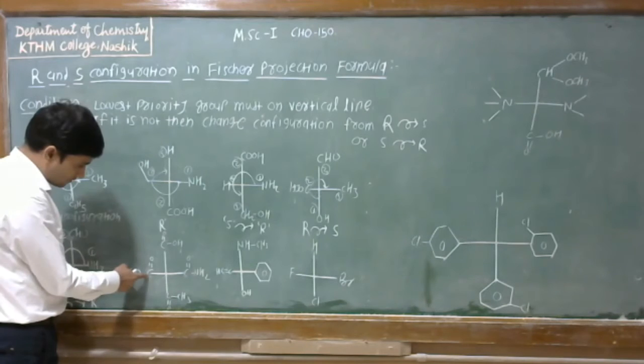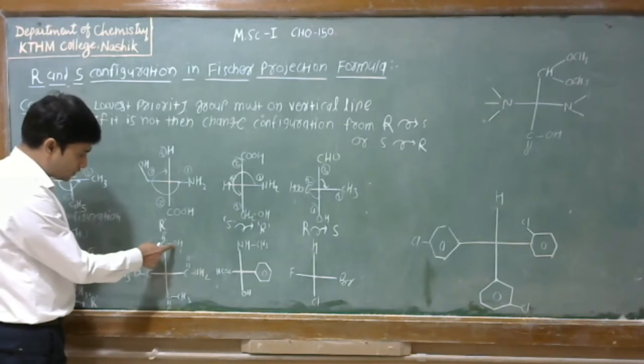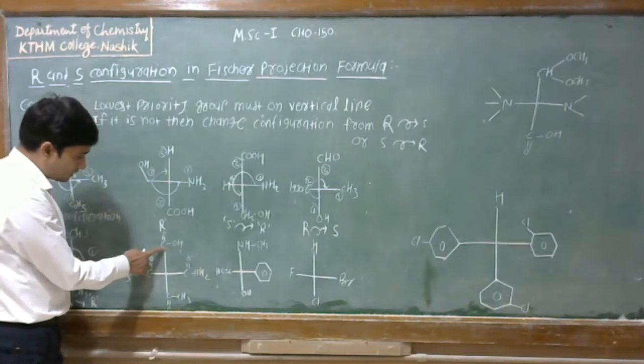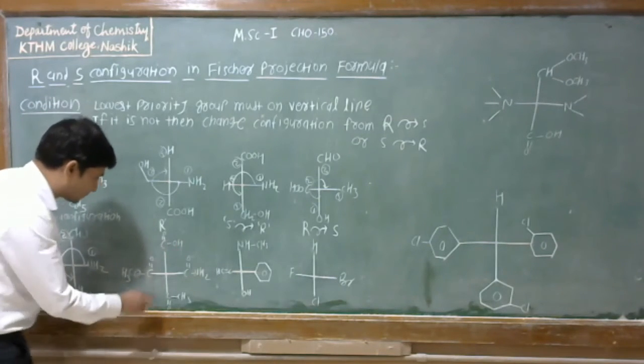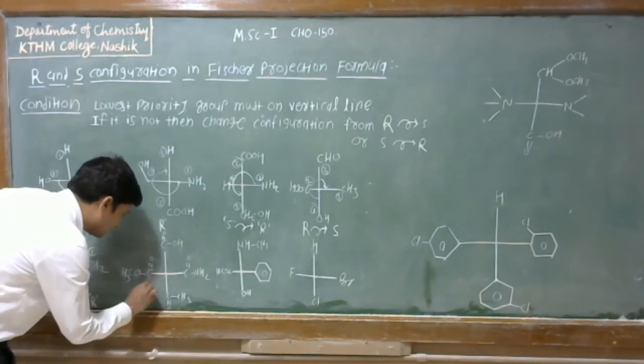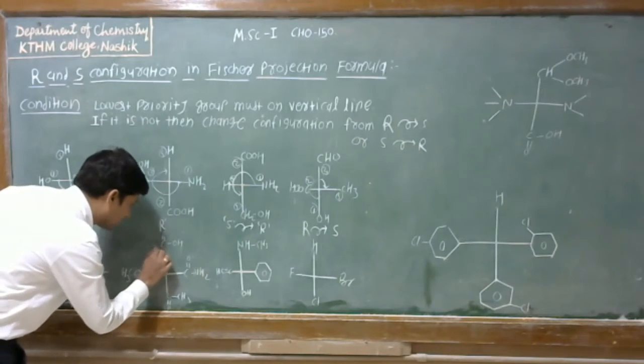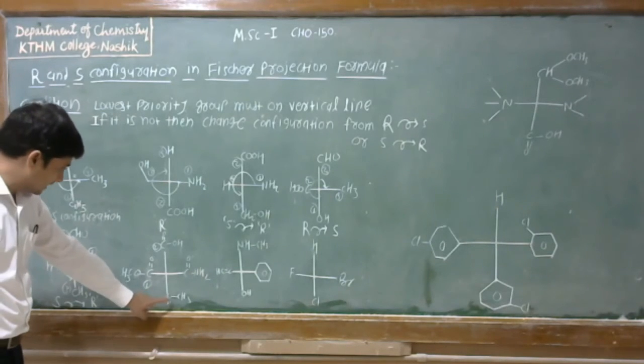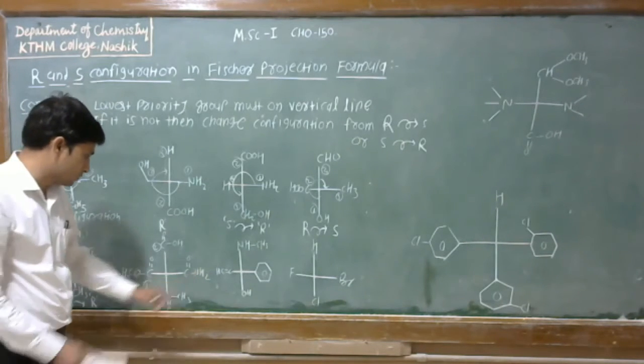See here, this carbon is attached to oxygen, and this carbon is attached to oxygen, but this oxygen is attached to CH3 and this oxygen is attached to hydrogen. Therefore, this group has first priority and this group has second priority. Next, this carbon is attached to carbon, but this carbon is attached to nitrogen.